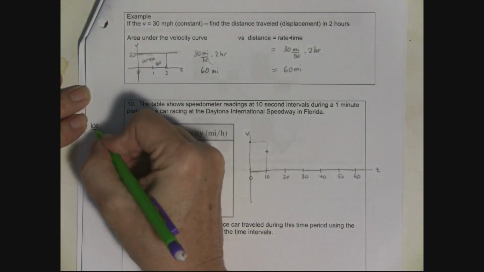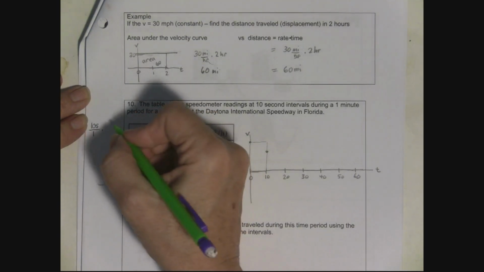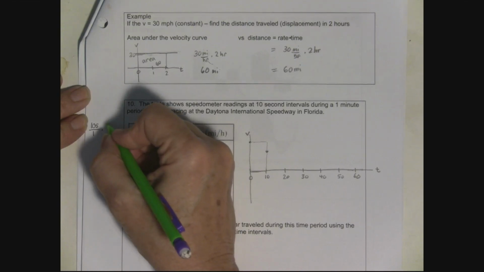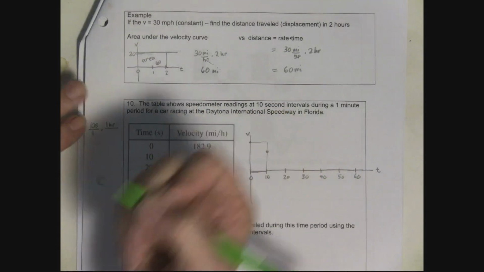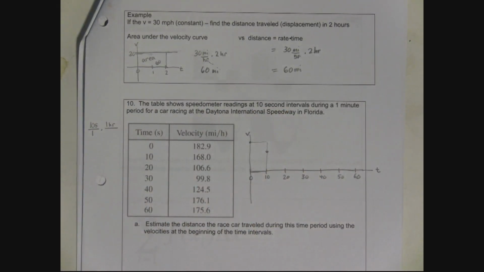I'm going to write this over 1. And I know that 1 hour equals, do you know how many seconds there are in an hour? I know that there's 60 seconds in a minute, and there are 60 minutes in an hour.